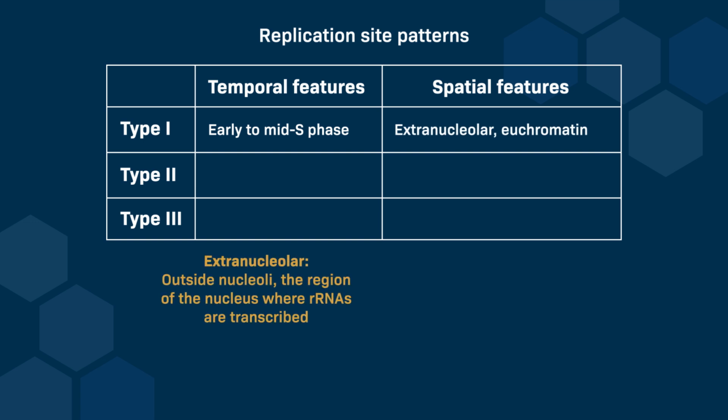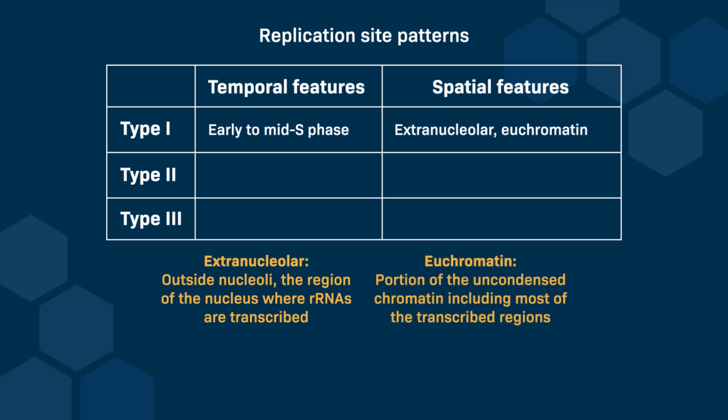The extranucleolar area is the region outside the nucleolus, which is a nuclear structure where ribosomal RNA is transcribed. Type 1 replication sites exclude replication within the nucleolar chromatin and focus instead on euchromatin, which is the less condensed portion of chromatin that includes most transcribed gene regions.